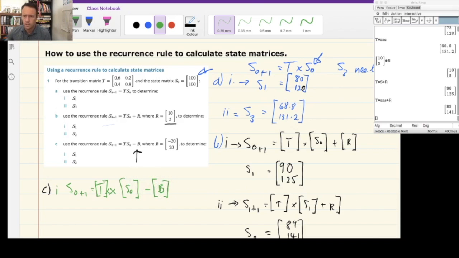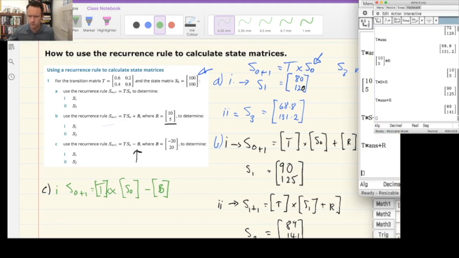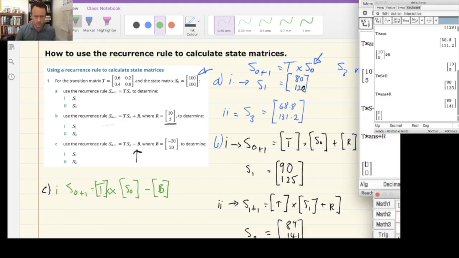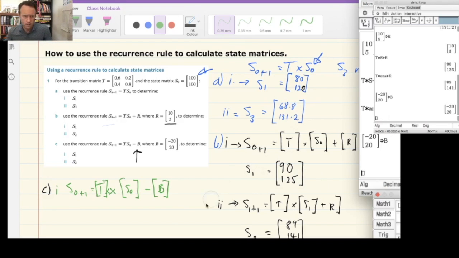Let's pop in the value of that column matrix, and we needed -20 and 20. And we're going to name that B. Alrighty, so part 1, we do T times S again, subtract B, and we get 100 and 100.